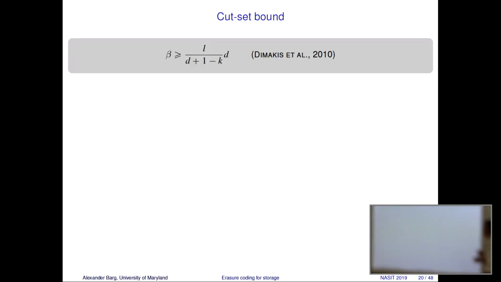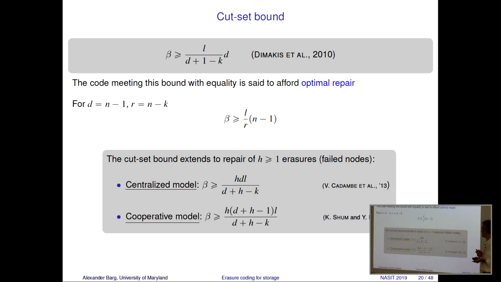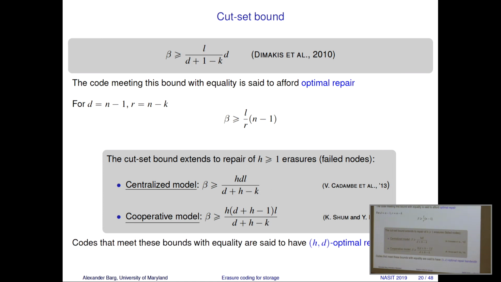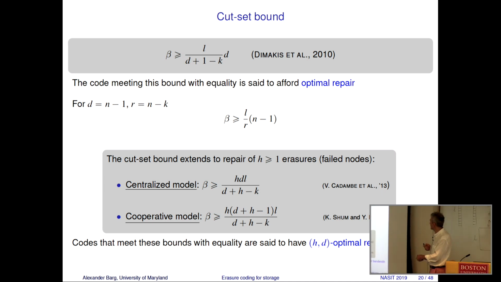The cut-set bound that we showed for the centralized repair, the code meeting this bound is for the optimal repair, that's already said. And this is a version of the cut-set bound for cooperative repair from that paper. I will say more about this cooperative bound in a few minutes.